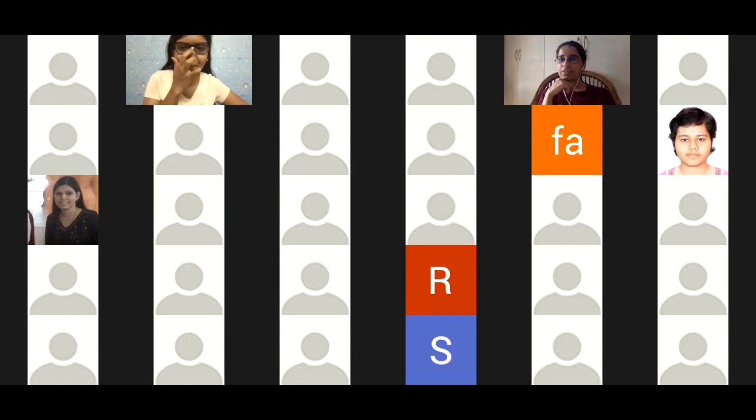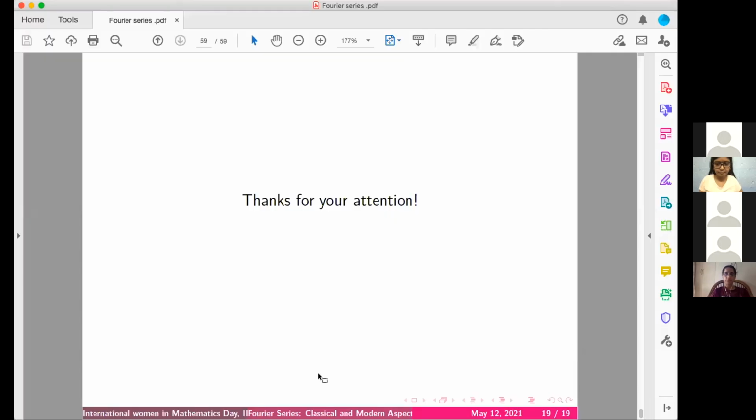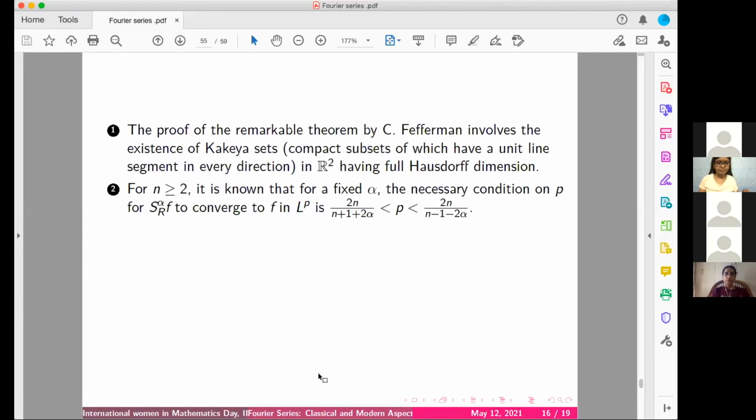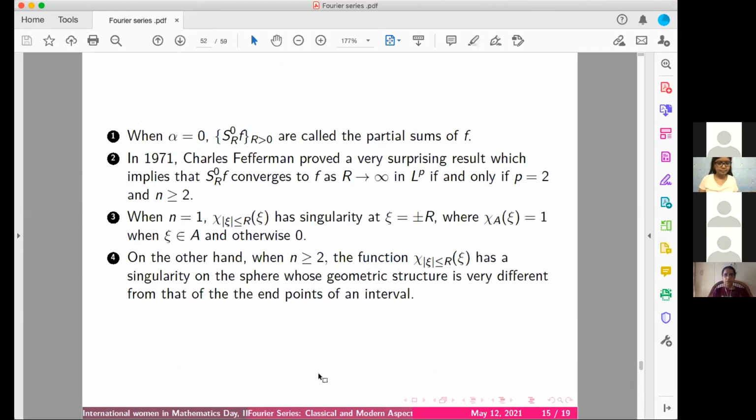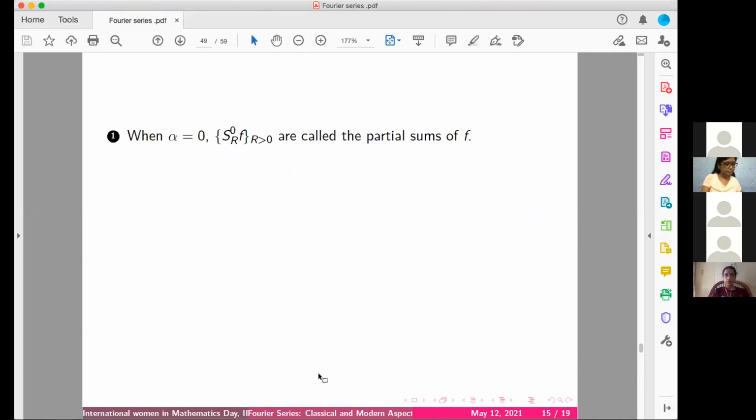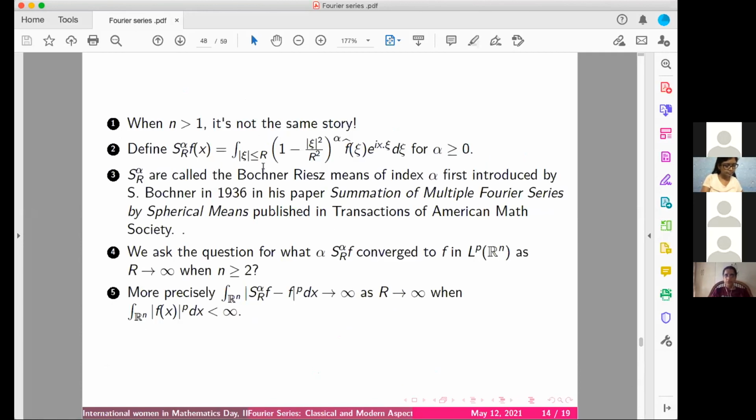There is a question. So as alpha is 0, what are the function properties? Let me go back. So alpha equal to 0, which function are you asking about here? This one?